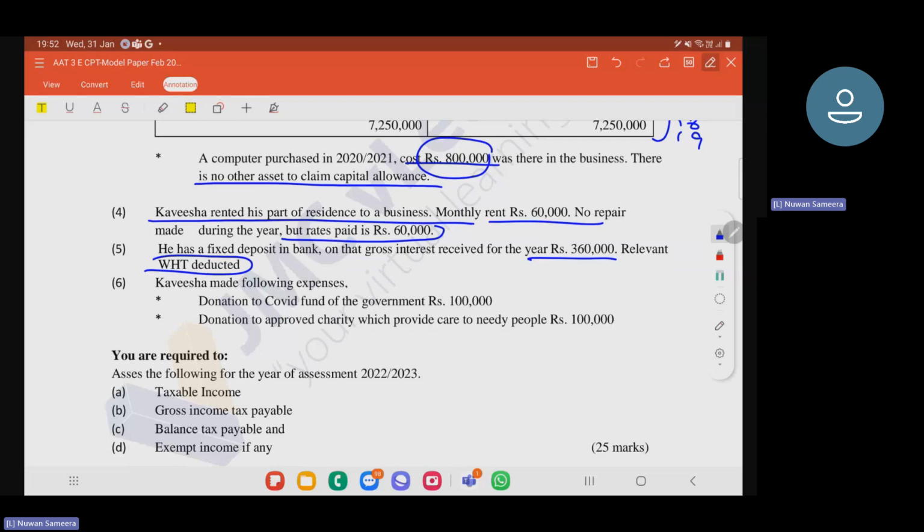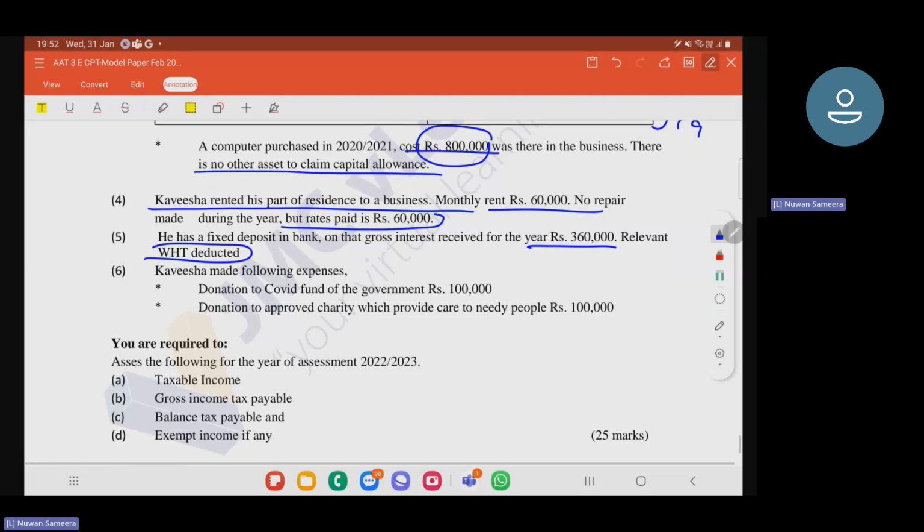It is a final withholding tax. But the withholding tax on the interest and on the rent is not final tax. Those are not final. Therefore, the 5% withholding tax already paid on this 360 is not final.